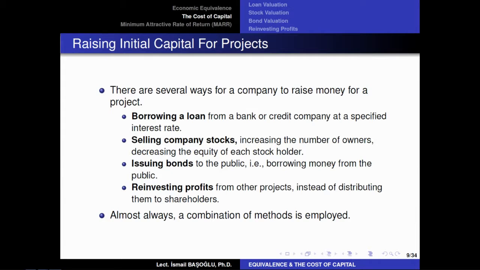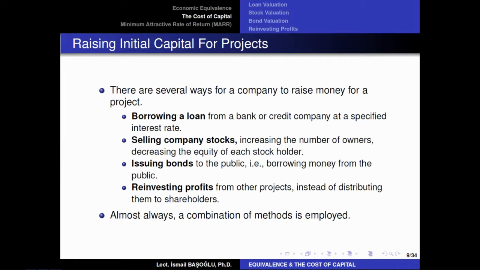When you sell your company stocks to the public, you will raise a capital, but the number of owners of the company will be increased. And of course, this is also going to decrease the equity of each stockholder. So the shares that you own of your own company are going to decrease as a percentage. This is selling company stocks, another way of raising capital.